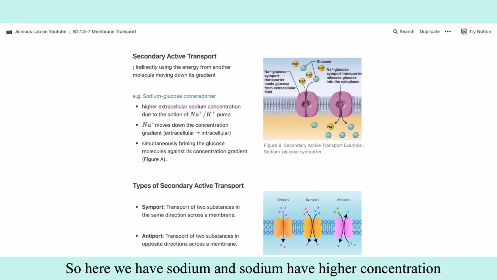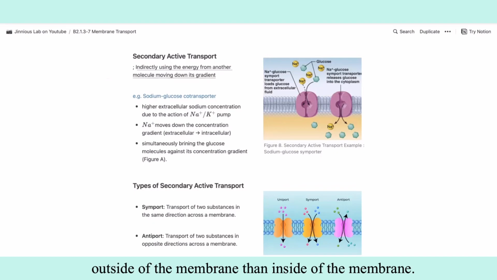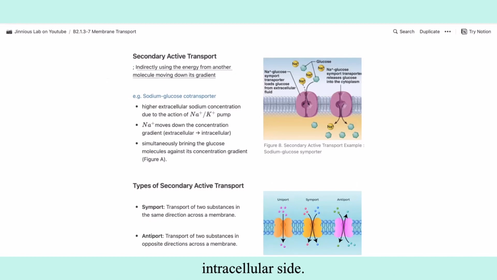So here we have sodium, and sodium has higher concentration outside of the membrane than inside of the membrane. And hence, sodium ions can move down the concentration gradient from the extracellular side to the intracellular side.